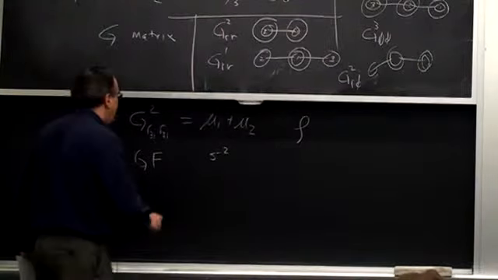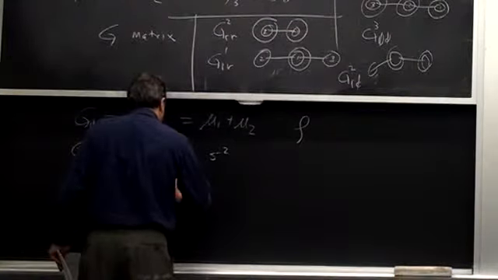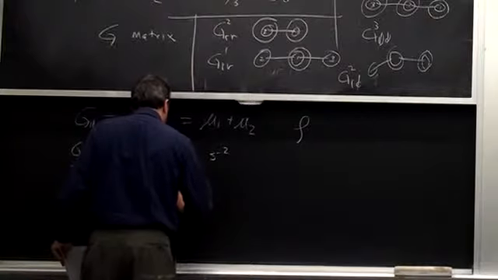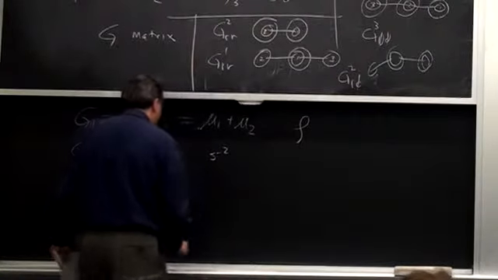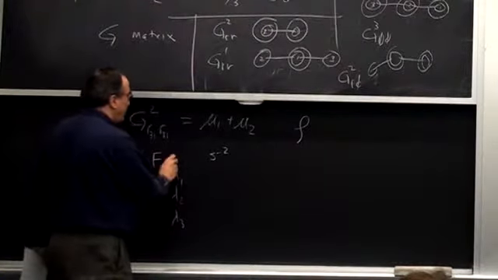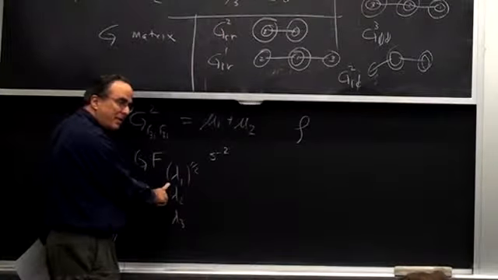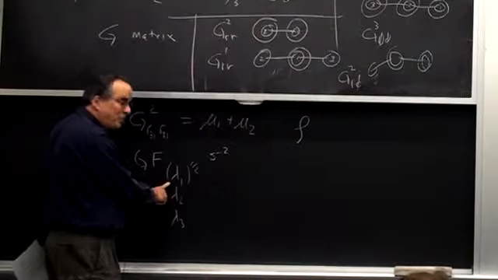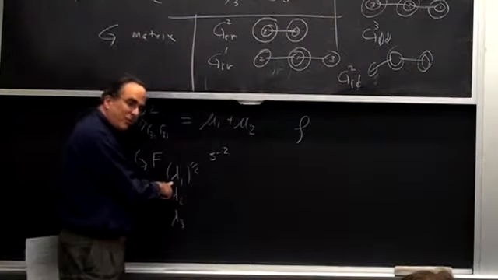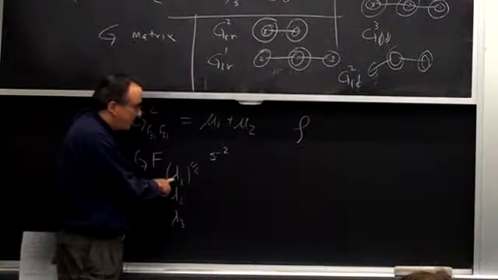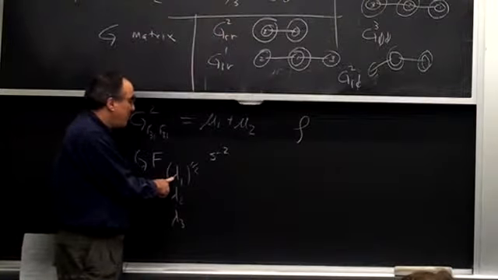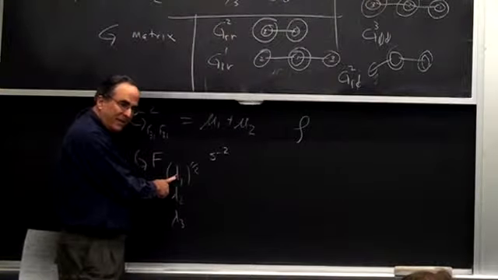And what we want, so we have 3 eigenvalues, lambda 1, lambda 2, lambda 3. And what we want is the square roots of these things, because those will be frequencies. But we're spectroscopists, and so we don't want frequencies. We want reciprocal centimeters, and so we divide by the speed of light.